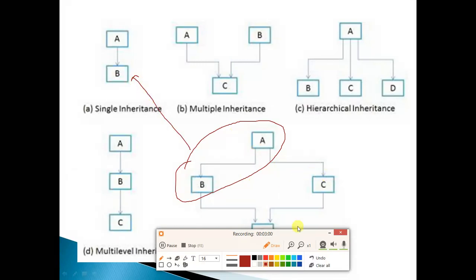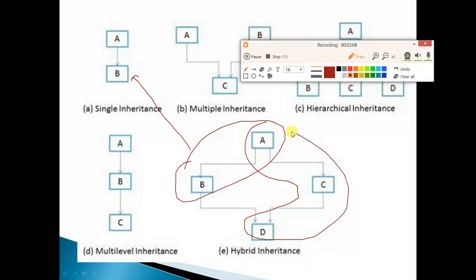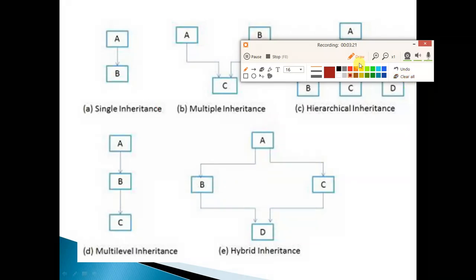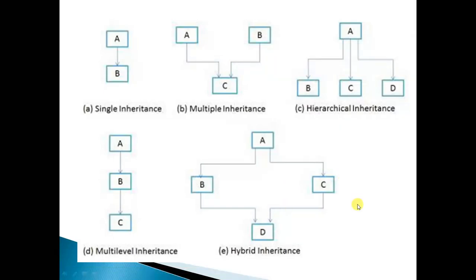And these three you can consider as a multi-level inheritance, meaning A, C, and D, like this. So two or more inheritances combined in one is called a hybrid inheritance. I think you understood what inheritance is and what its types are.